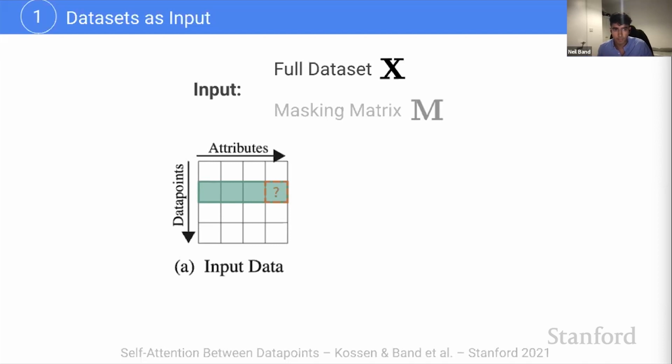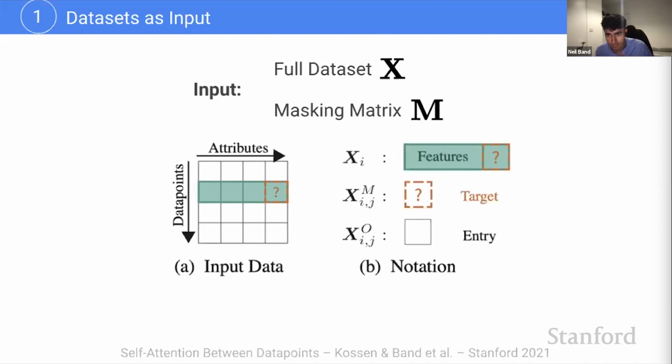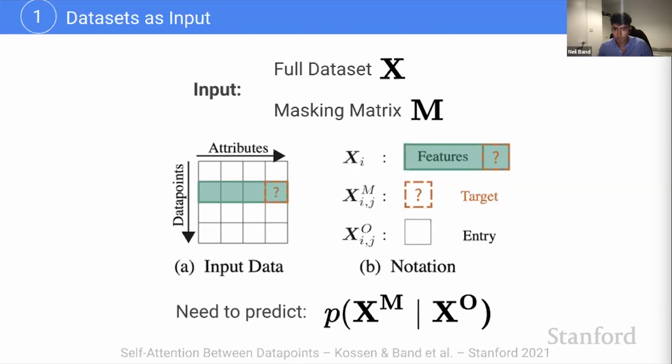The last column would be the target, and the rest of the matrix would be input features, for example, the pixels of an image. We also have a masking matrix. Let's say we're thinking about masked language modeling. The mask tokens will tell us where we're going to conceal words and where we're going to backpropagate a loss. We do a similar thing here where we use this binary mask matrix to specify which entries are masked. The goal is to predict masked values from observed values.